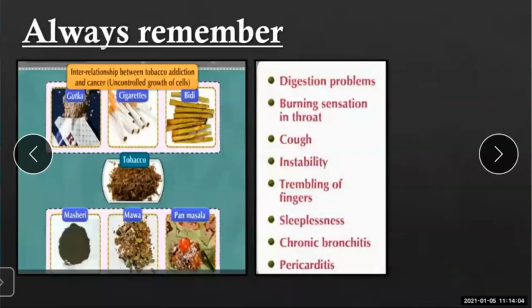So now, what are the harmful effects of smoking? Adverse effects on digestion, means digestion problems, instability and trembling of fingers, dry cough and sleeplessness, chronic bronchitis, cancer of the lung, mouth, larynx (larynx means your voice box), pharynx, pancreas, urinary bladder, etc. The central and peripheral nervous system is also affected.